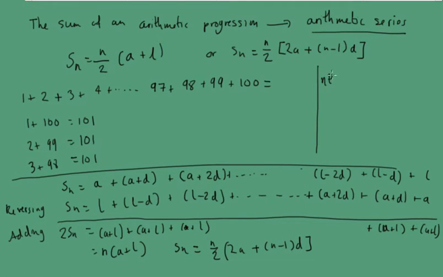The nth term of our arithmetic progression is the arithmetic series of the n term minus the arithmetic series of n minus 1. And we'll use that in a wee while with an example.